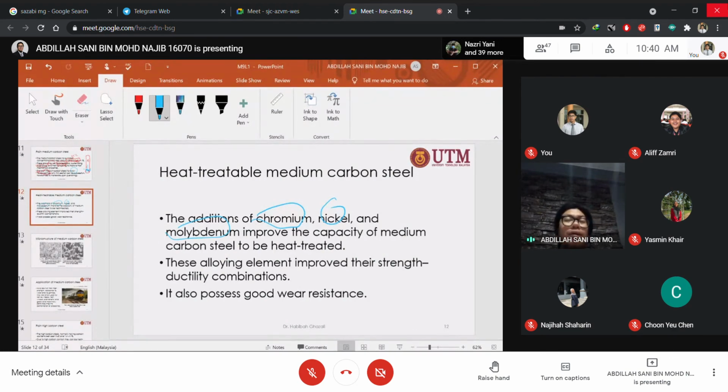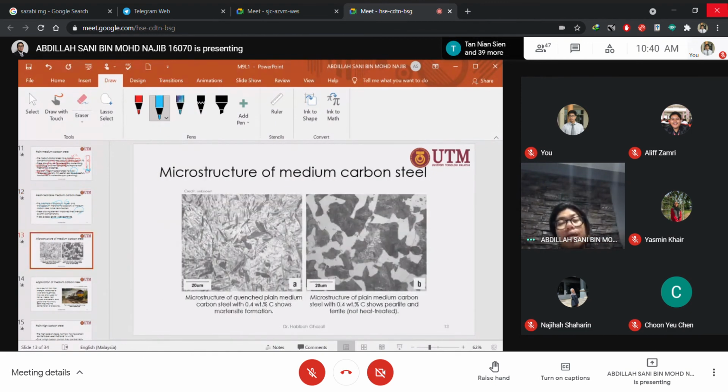And of course, like the low carbon steel, we can also improve the strength of the material. Wear resistance is understandable because the surface is hard, so a hard material has good wear resistance. And this is how it looks like for the medium carbon steel.